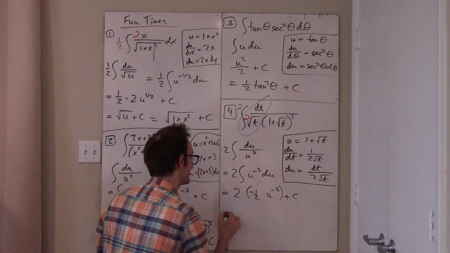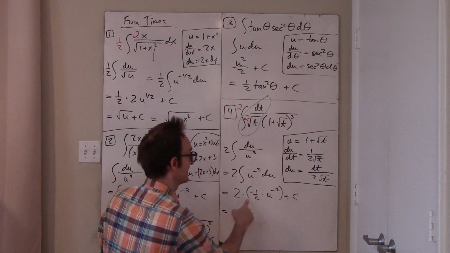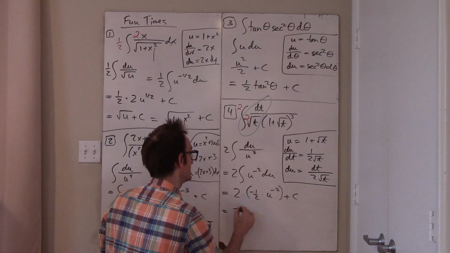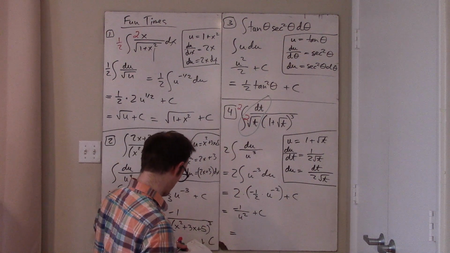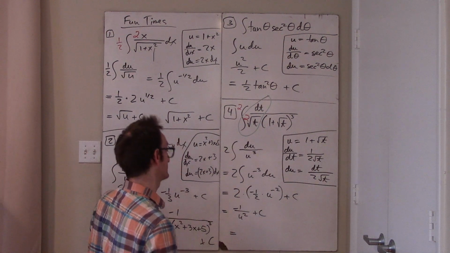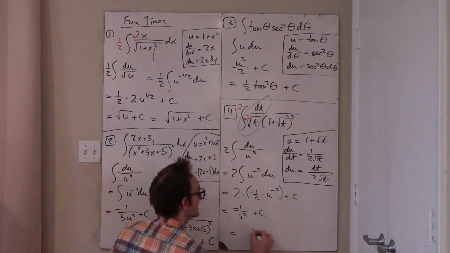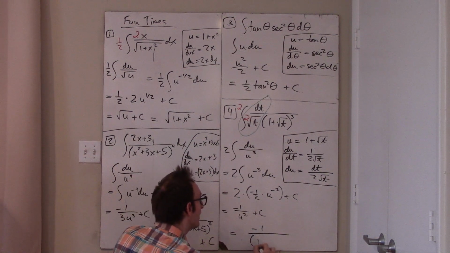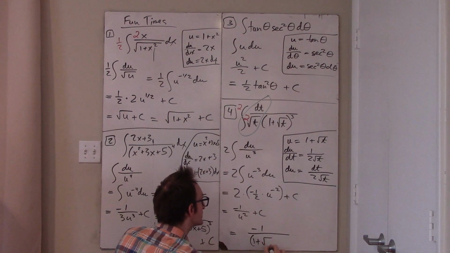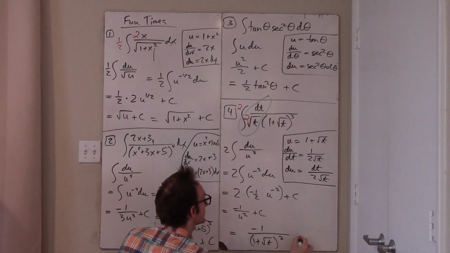And so then this answer is, in fact, just negative 1/2 u to the negative 2, or negative 1 over 2u squared, and with the 2 in front, the final answer to this problem is negative 1 over 1 plus root t squared plus c.